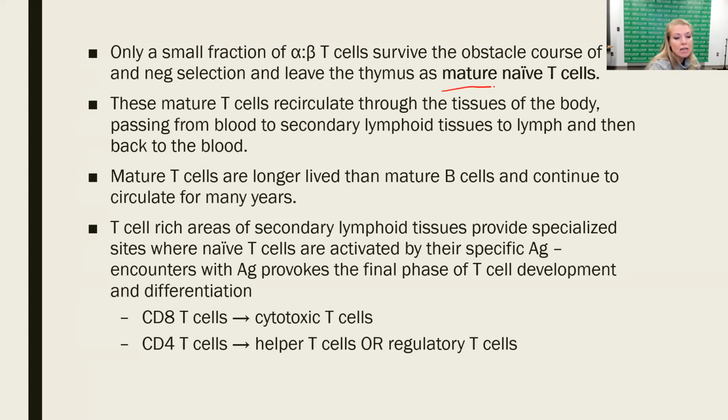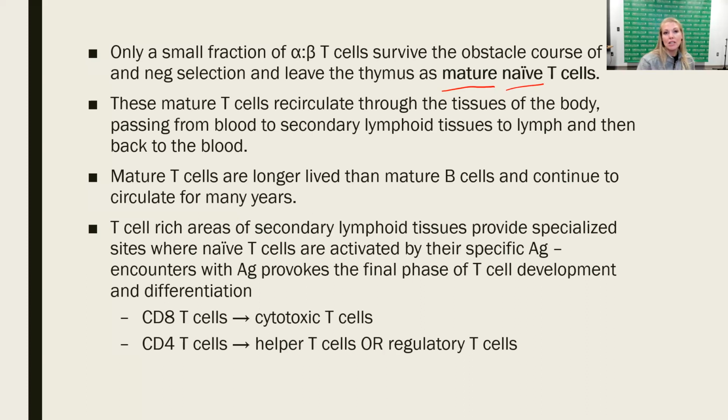They're mature in that they have all the machinery and parts they need to recognize antigen in the context of either MHC1 or MHC2, but they have yet to do so. That's where the naive comes in. They have not been activated by antigen yet.